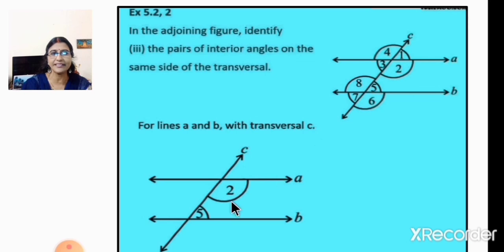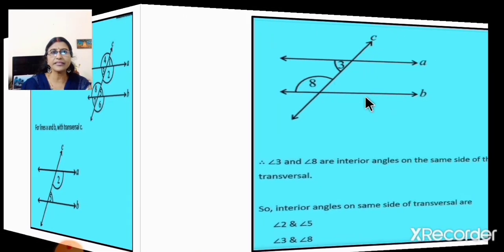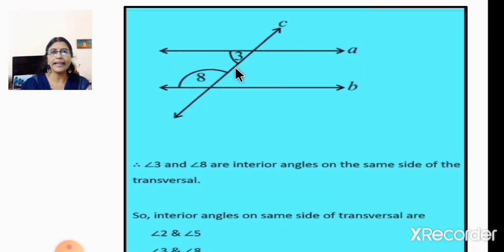So that is written here, angle 2 and angle 5, for lines A and B with transversal C. These two are interior angles, which are co-interior angles. They are on the same side of the transversal. Same way the other pair is also written here. Angle 3 and angle 8 are interior angles on the same side of the transversal. So interior angles on the same side of the transversal are angle 2 and 5 and angle 3 and angle 8.